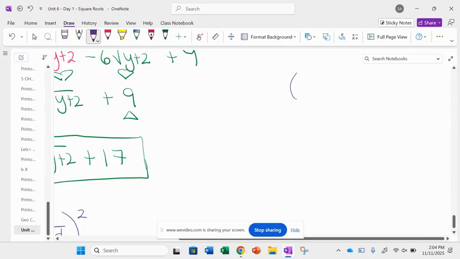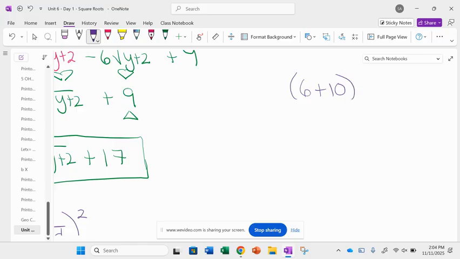Let's say I have 6 plus 3 squared, right? Normally according to PEMDAS, we have to simplify what's in our parentheses first. So 6 plus 3 is 9, and then 9 squared is 81.